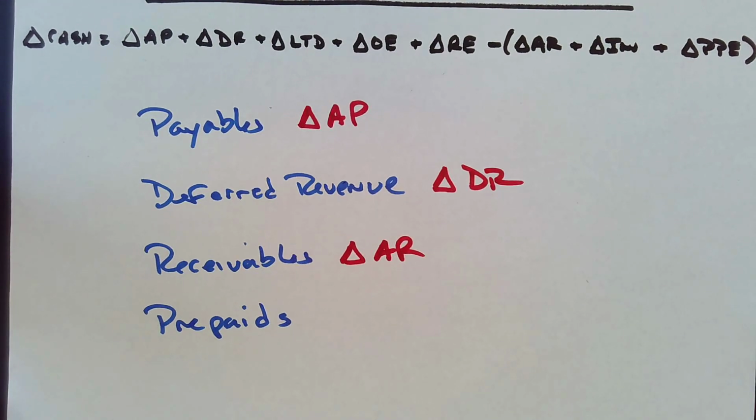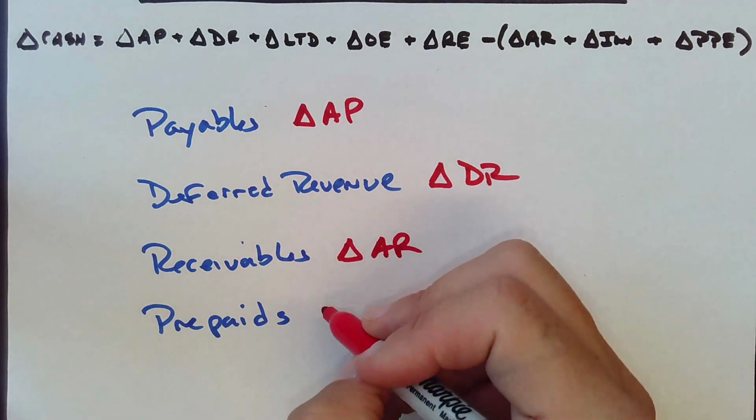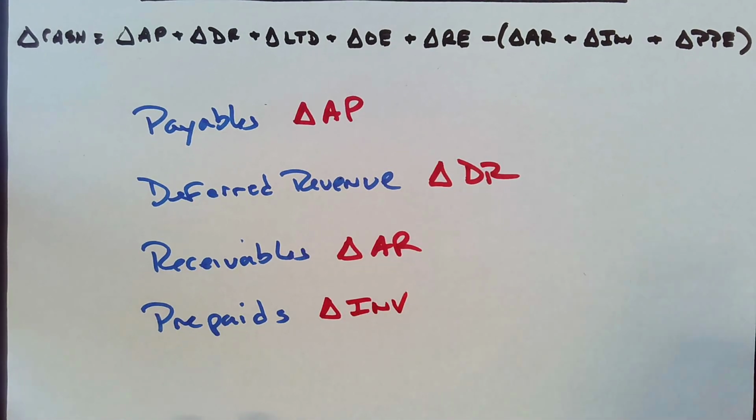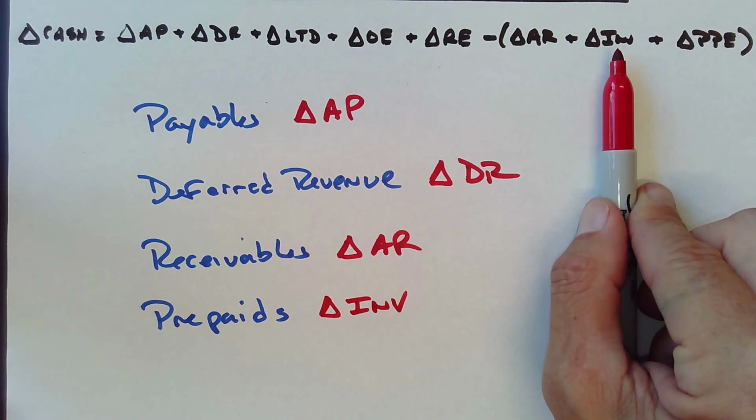This one might blow your mind a little bit. For prepaids, it doesn't say prepaid. Prepaid insurance, prepaid rent. Inventory is a prepaid. We book the cost on our balance sheet just like we would if we paid prepaid insurance.